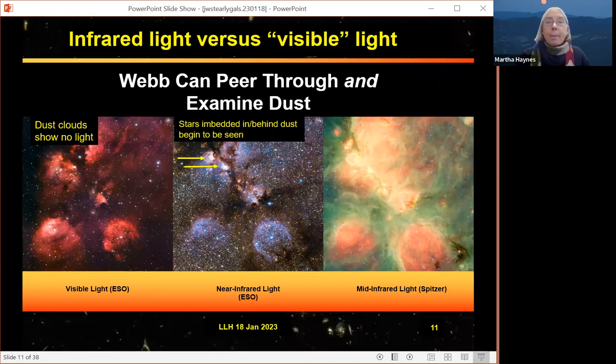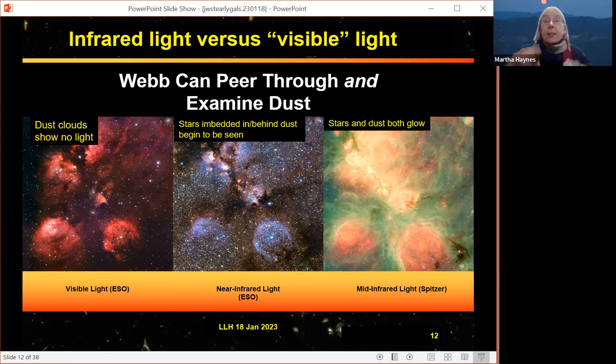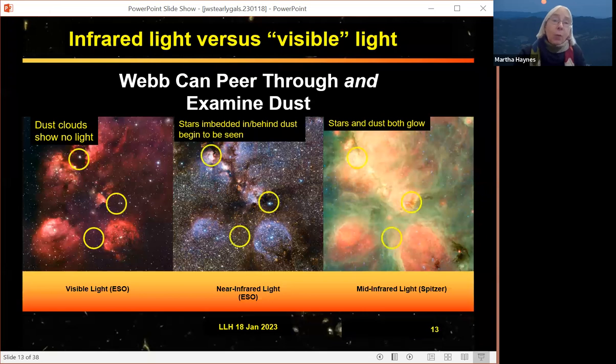And so stars embedded in or behind dust begin to be seen only when you go into the near infrared. When you go to the mid-infrared, which JWST also operates at, you actually see that dust glowing. And the stars and the dust both glow. And so you get a very different feeling for what this object is made up of when you compare this image to this image. And so in order to understand the sky, we have to understand what we're looking at.